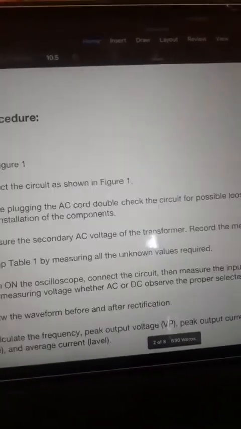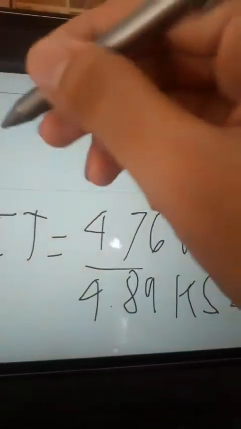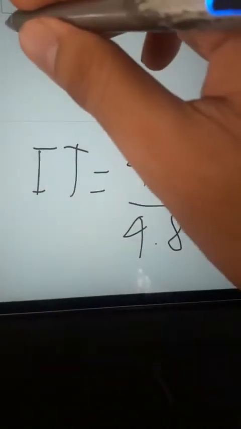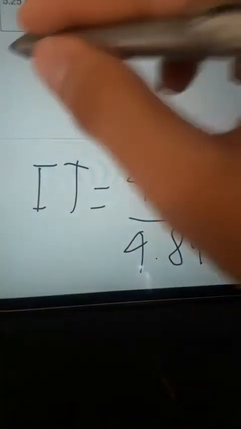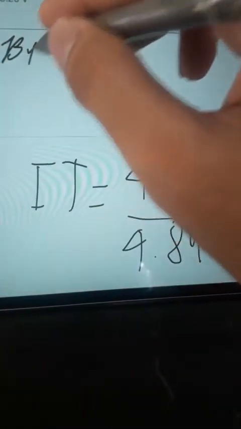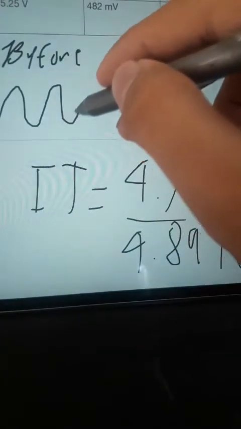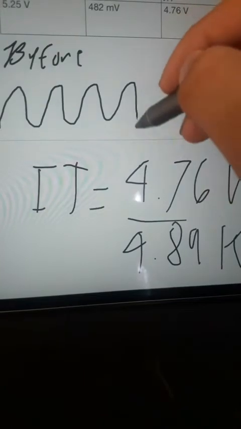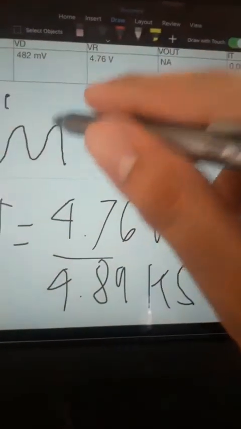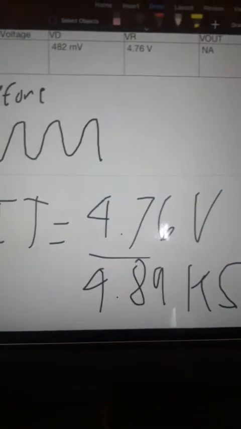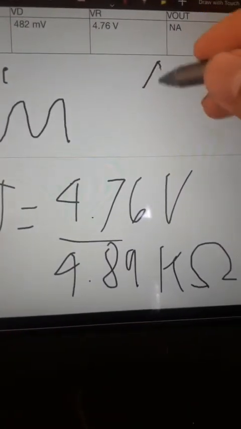So let's draw the waveform before and after rectification. There is actually a difference from what I'm seeing. This before is higher than after.